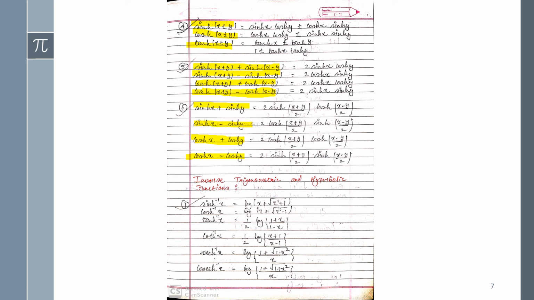Okay, now then after that, the inverse. So guys, here the functions are given, and whatever functions are given we are going to find in our next session. These formulas we will prove by using the formula, like sin h inverse x equals, how we are getting, log of x plus under root x square plus 1. We have the proofs of all these functions, and we are going to do them in our next session.